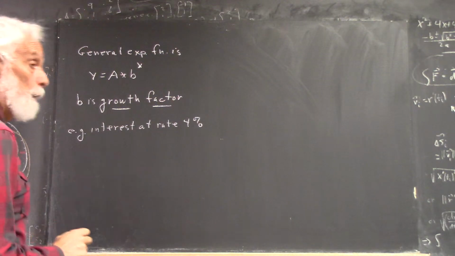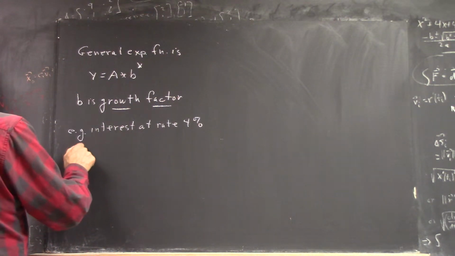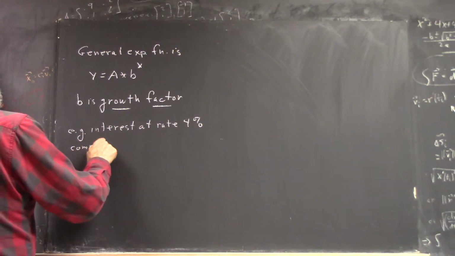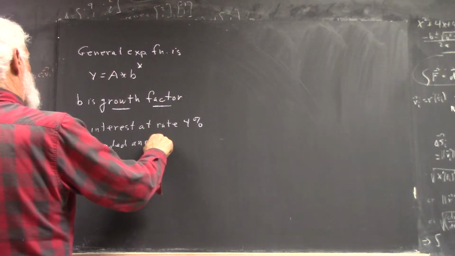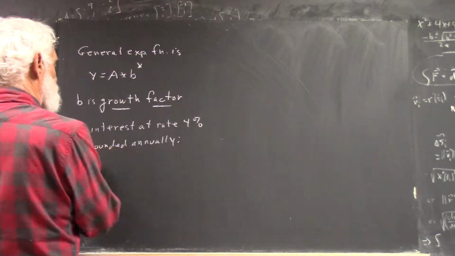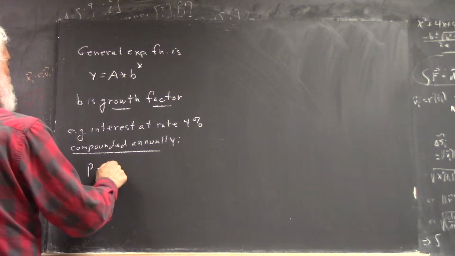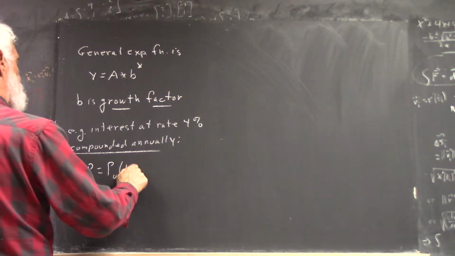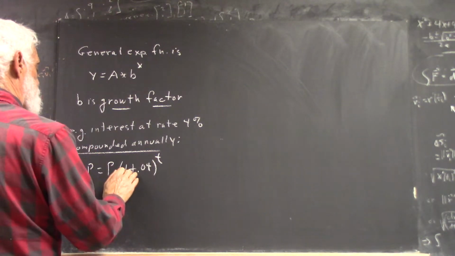Interest at rate 4%, compounded annually for reasons we've been over, gives you a principal function, which is the original principal times 1 plus 0.04 raised to the t.